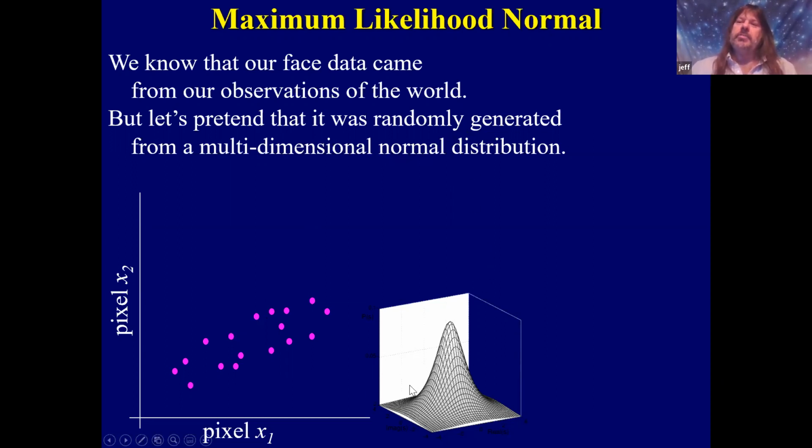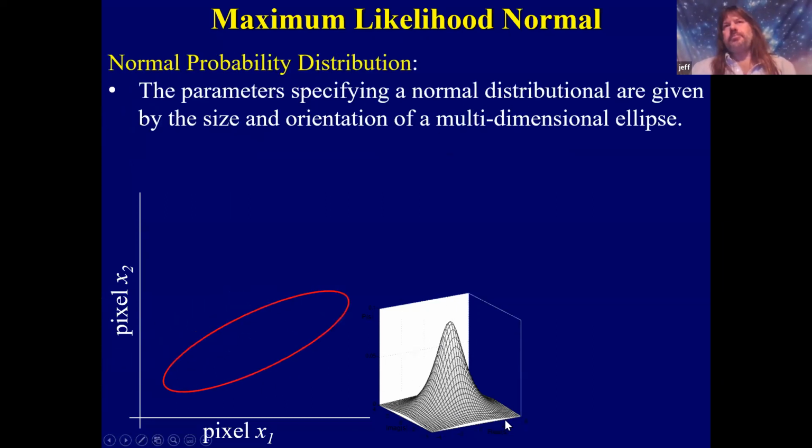It's not just stuff from faces, but it was randomly generated. Now, there are lots of normal distributions, just like when we were talking about simply flipping a coin 100 times, what's the probability that you get heads and tails?